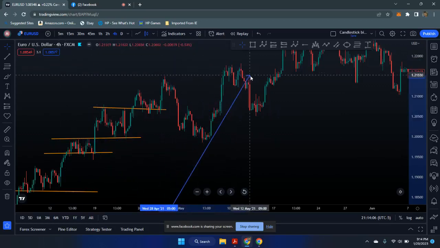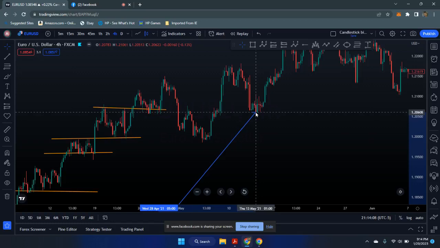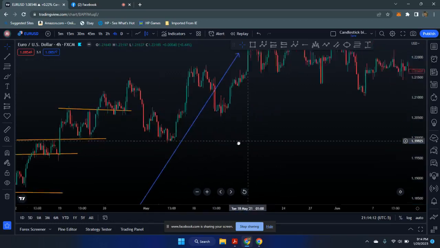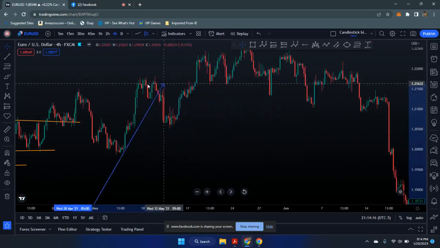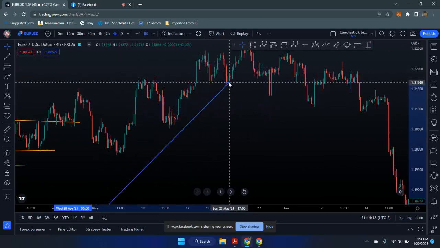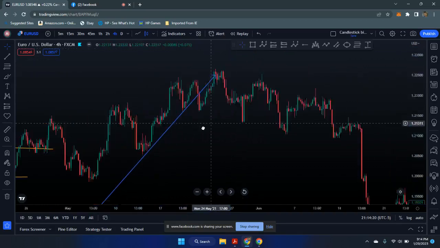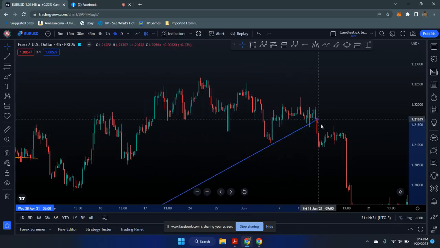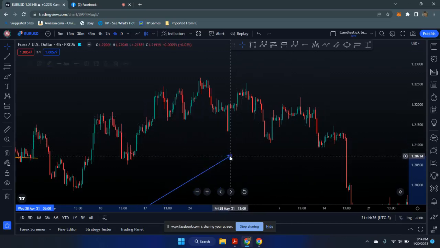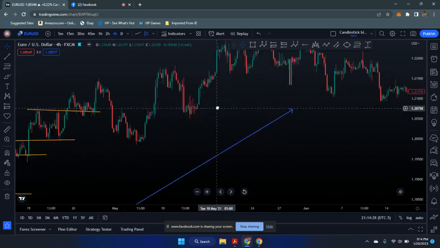And then she goes up, retraces down. She doesn't break the previous swing. Goes up. Makes her retracement down. Doesn't go past the previous swing point. Goes up. And then that's the highest that she goes. And then that starts to let you know we're about to go into a downtrend.